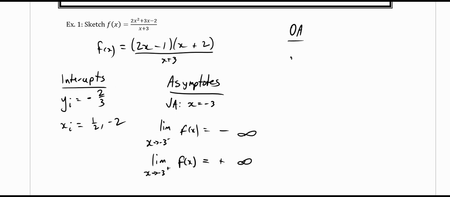For the oblique asymptote, we have to do the division, so however you want to do it.